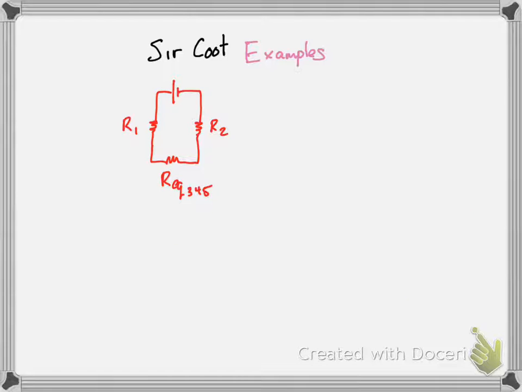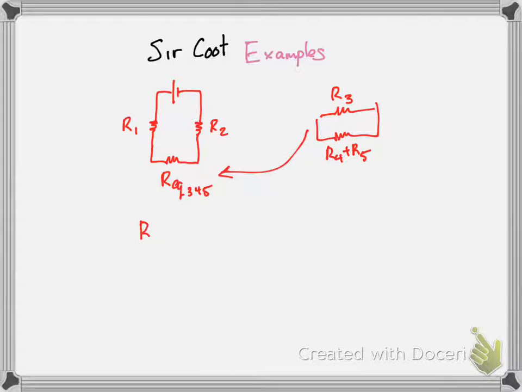I just went back to a blank page. What we had was R3 and the equivalent resistance of R4 and R5 in series. I'll just write that as R4 plus R5, and that is the equivalent resistor right there.